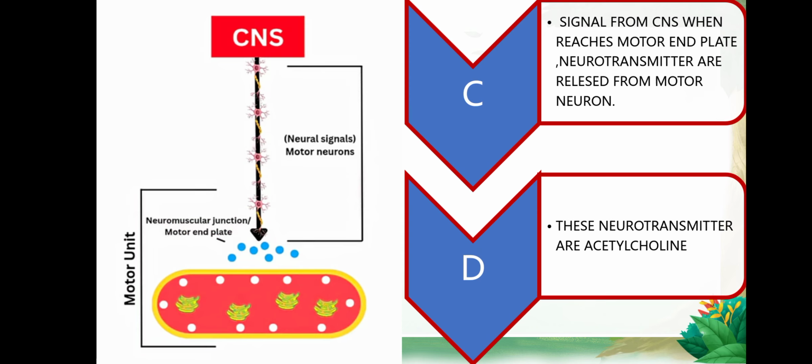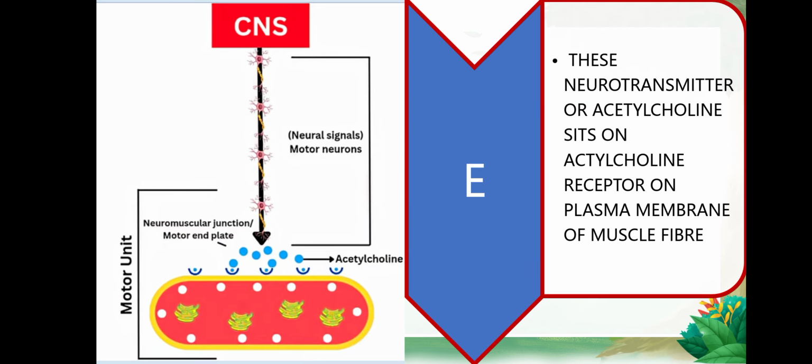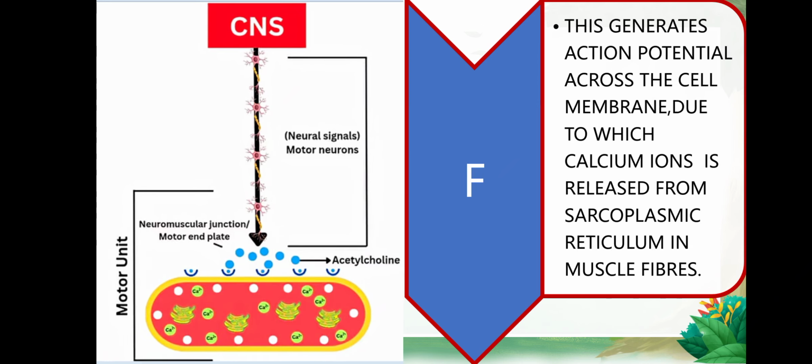When acetylcholine sits on the acetylcholine receptor on the plasma membrane of the muscle fiber, an action potential is generated across the cell membrane, due to which calcium ion is released from the sarcoplasmic reticulum. Sarcoplasmic reticulum is nothing but the endoplasmic reticulum of the muscle fiber cell.